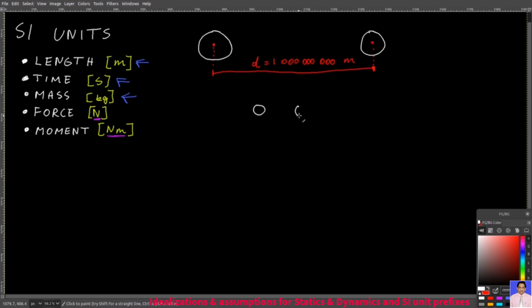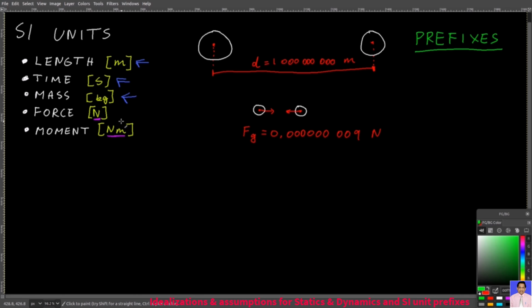Or what if the gravity force between two small particles is 0.000000009 newtons? You can see that our units are not very suitable for these kind of numbers. Therefore, to make them more suitable, you have something called prefixes in the SI unit system.